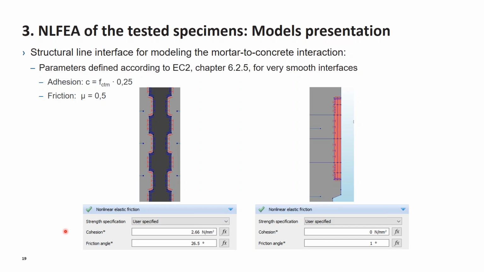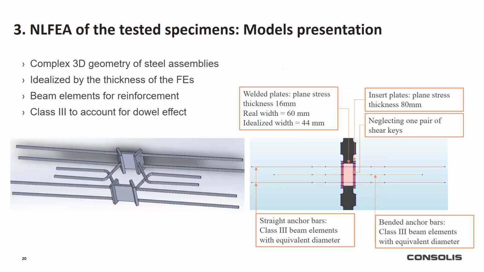This function was defined with parameters taken according to Eurocode 2, chapter 6.2.5, for very smooth interfaces. The interaction of the concrete with the insert was taken into account in a simplified manner with the same approach, considering no cohesion and very little friction.